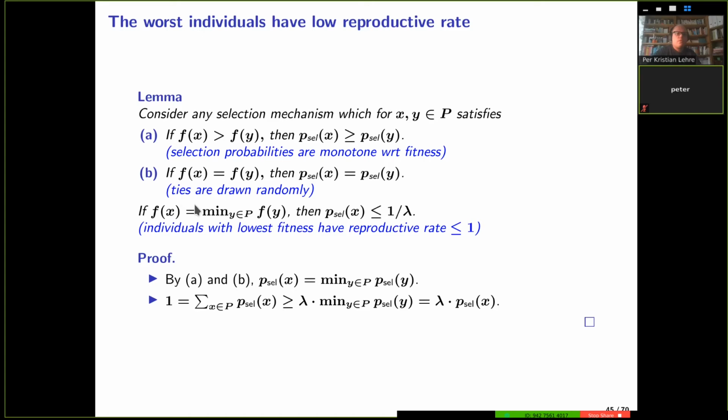And B: we also assume that if you have two individuals with the same fitness, then they're selected with equal probability. So it means ties are drawn randomly. If you have these two conditions, then you can show that the individual which has fitness equal to the lowest fitness in the population cannot have higher reproductive rate than 1, right?